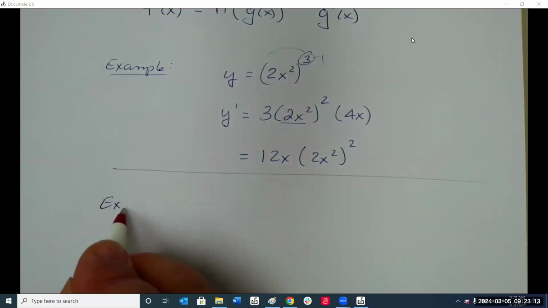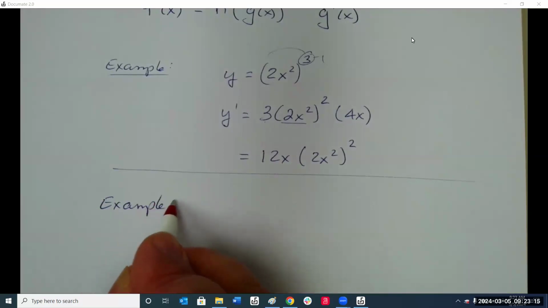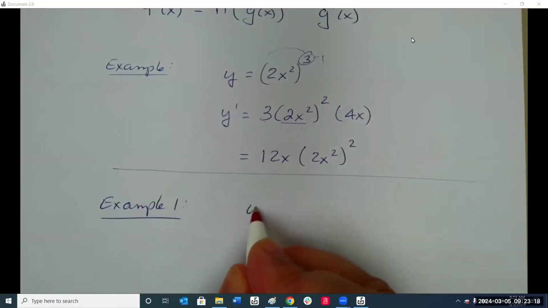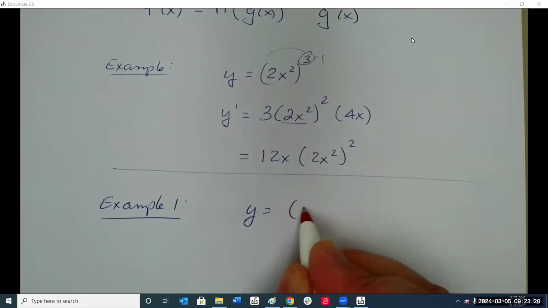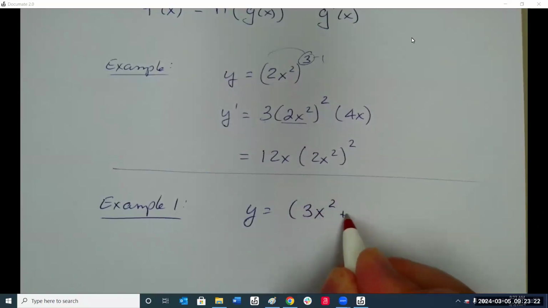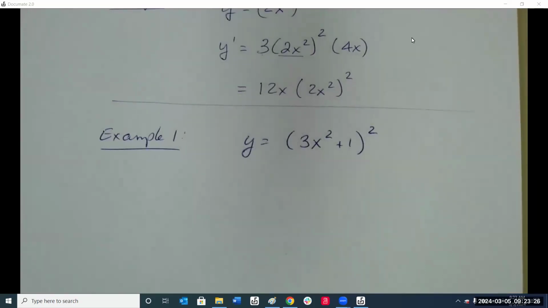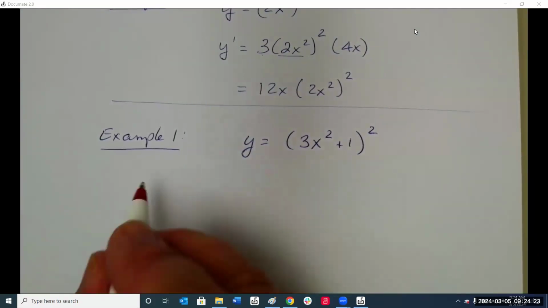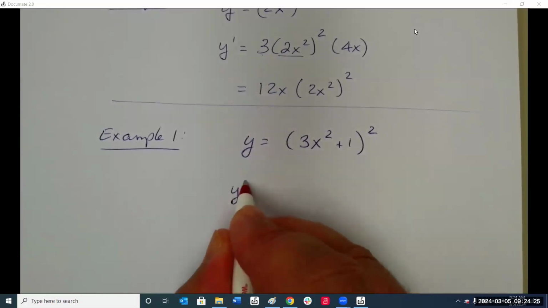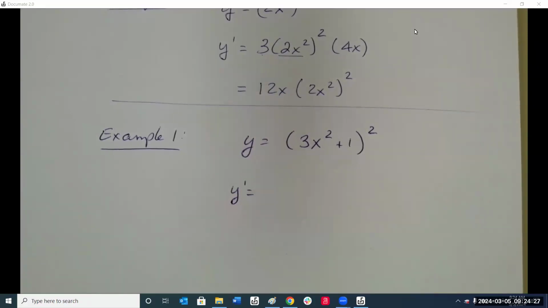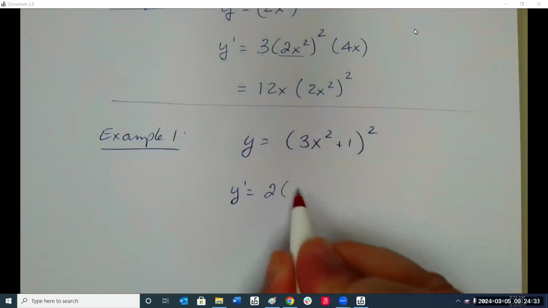Example 1 in your sheet. Three x squared plus 1 squared. So the derivative. What's the first step? Bring down the 2. So we have 2. Leave what's inside there.